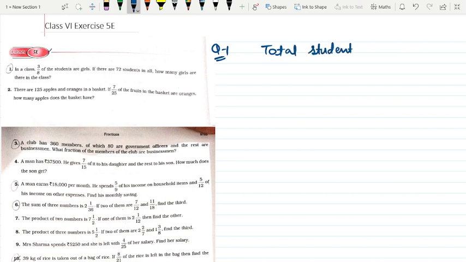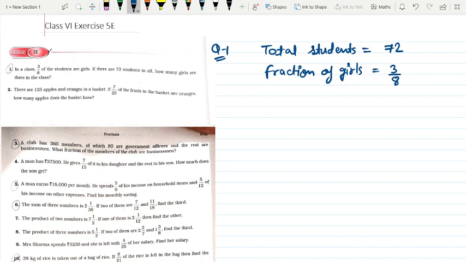There are 72 total students, and the fraction 3 upon 8 is called the fraction of girls. The fraction of girls out of the total students is 3 upon 8. So if there are 8 students in the class, then in 8 students, 3 students are girls.